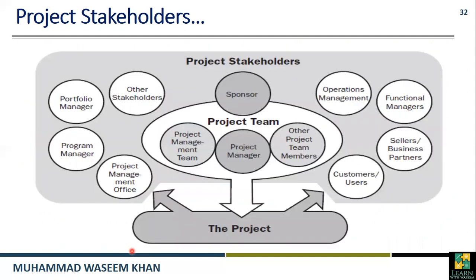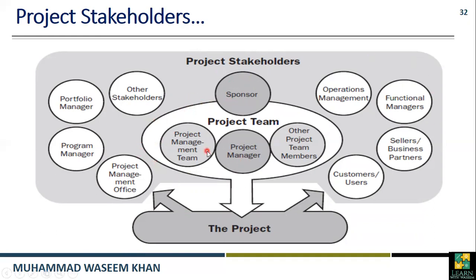So these are the project stakeholders, you can see here. The shaded or gray stakeholders are the most important stakeholders. Others are also important, but these are the key stakeholders. The project stakeholders include the sponsor, who is sponsoring the project, and the project team.